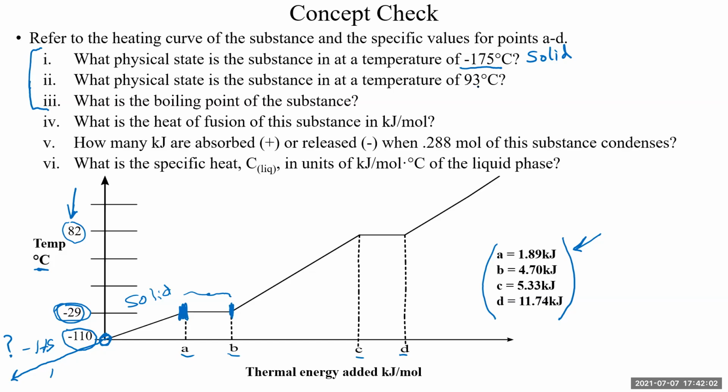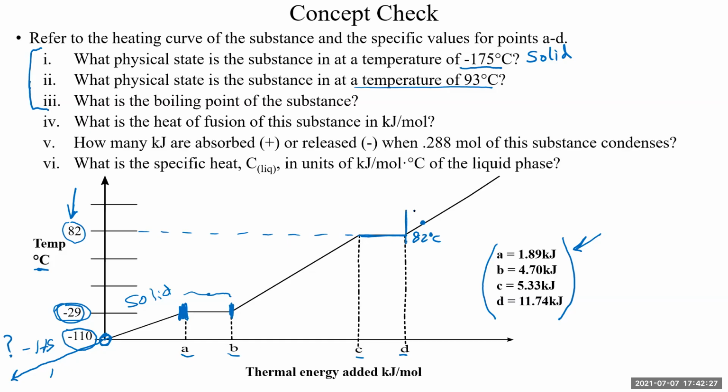What physical state is the substance in at a temperature of 93 degrees? Well, where is 93 degrees located on this curve? I have this as a guideline here. We have 82 degrees. So this line right here represents 82 degrees Celsius. So 93 is going to be somewhere over here on the curve, just guessing.